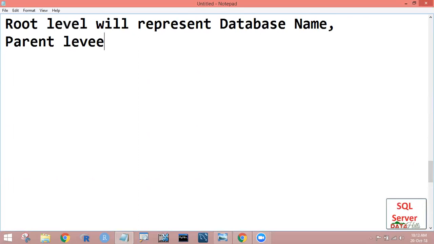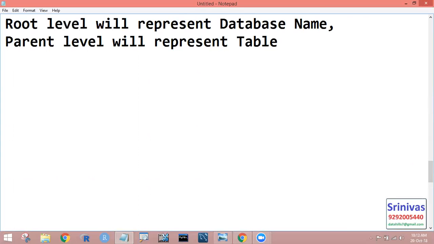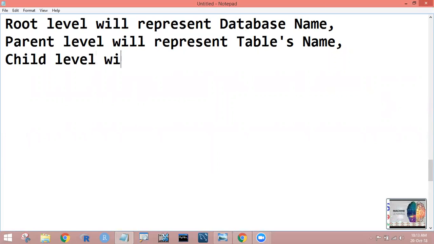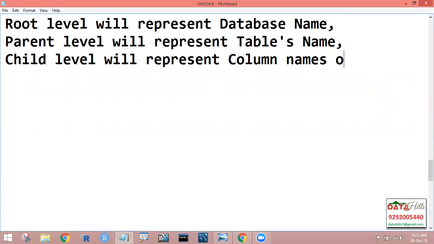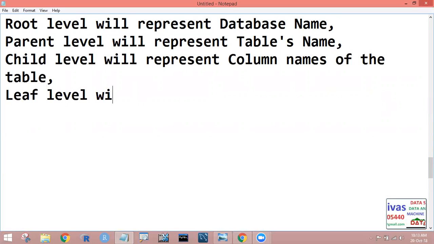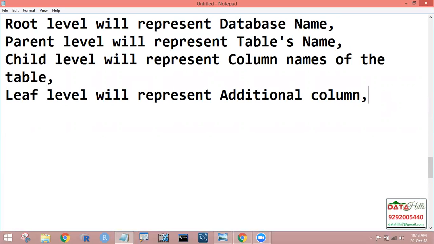Next, the parent level will represent the table's name. The child level represents the column names of the table. Finally, the leaf level will represent the additional columns.